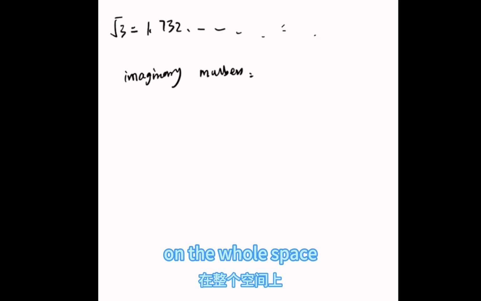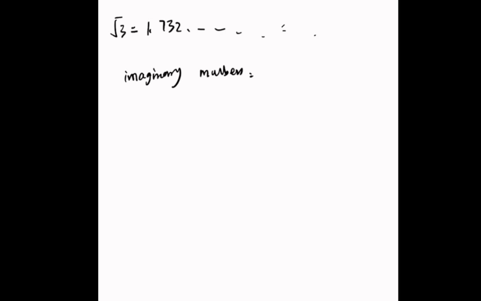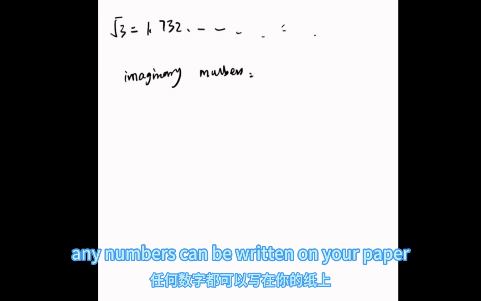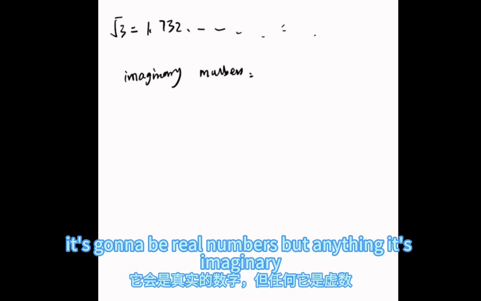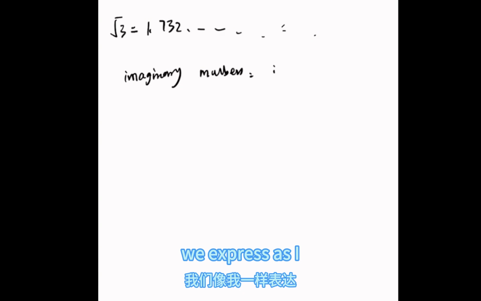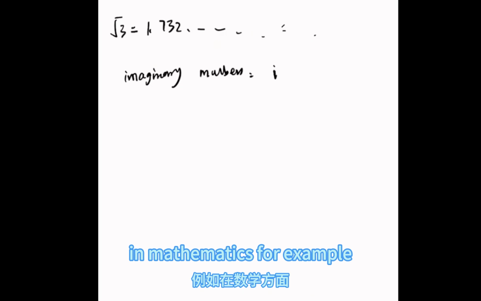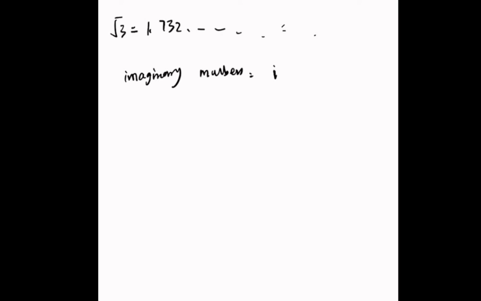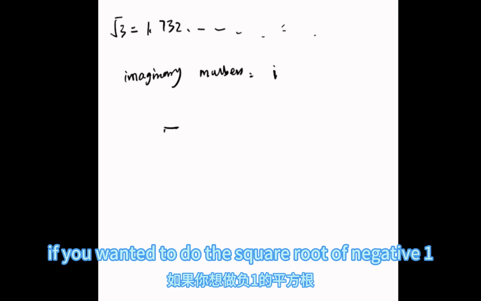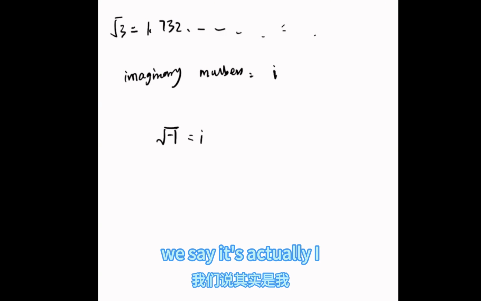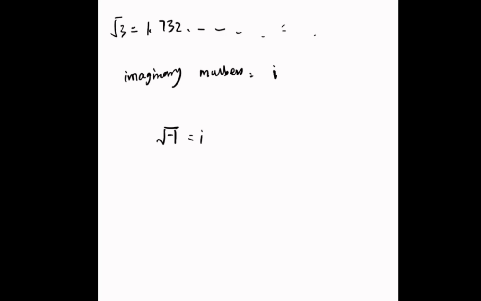Real numbers cover the whole space; any number that can be written on your paper is a real number. But anything imaginary, we express as i. In mathematics, for example, the square root of -1 is i.